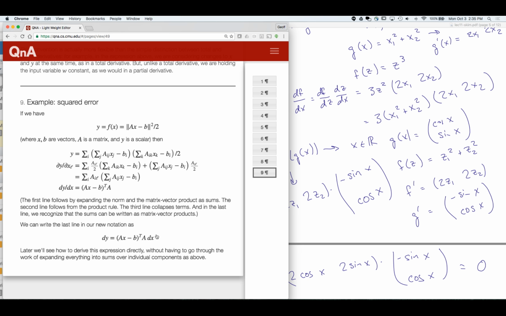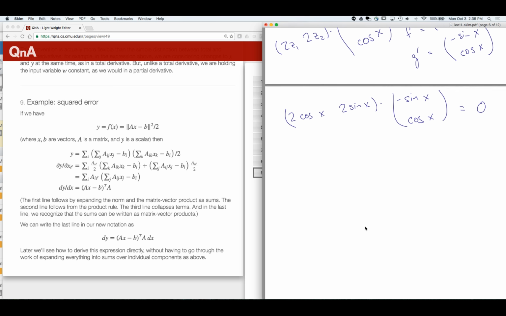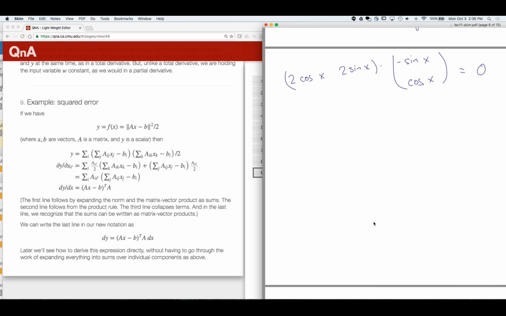So perhaps what I will do is write out that derivation of this expression in the new notation. And since you haven't yet seen any rules for working with the new notation, you should not expect to be able to produce this on your own yet. But you'll see that there are analogs of the chain rule and the product rule in the new notation.